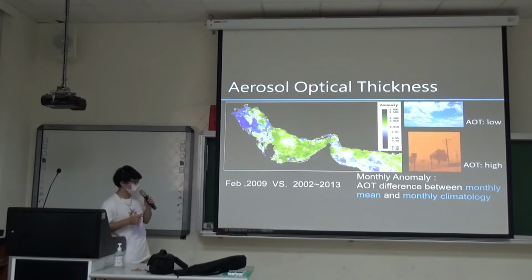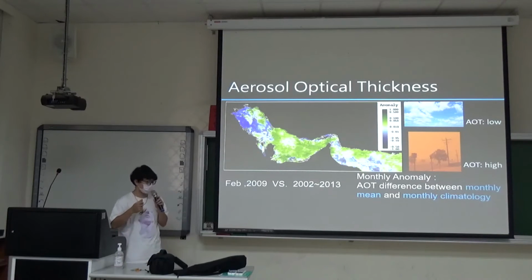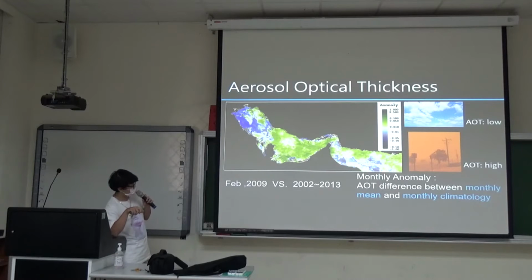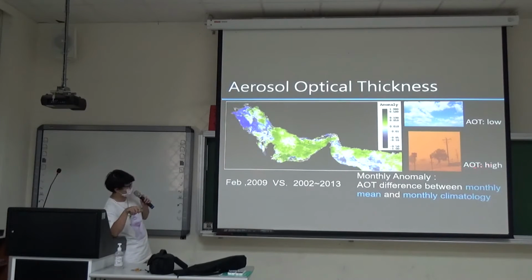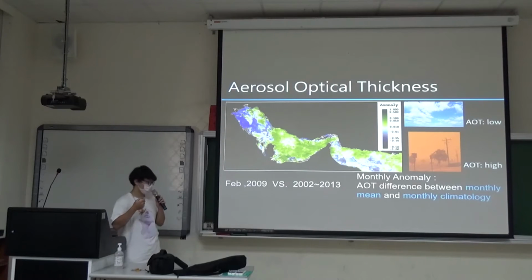And next, I want to talk about aerosol optical thickness. If the AOT is low, then you can see the clear sky. And if a dust storm occurs, then the AOT is high and you can't see anything.